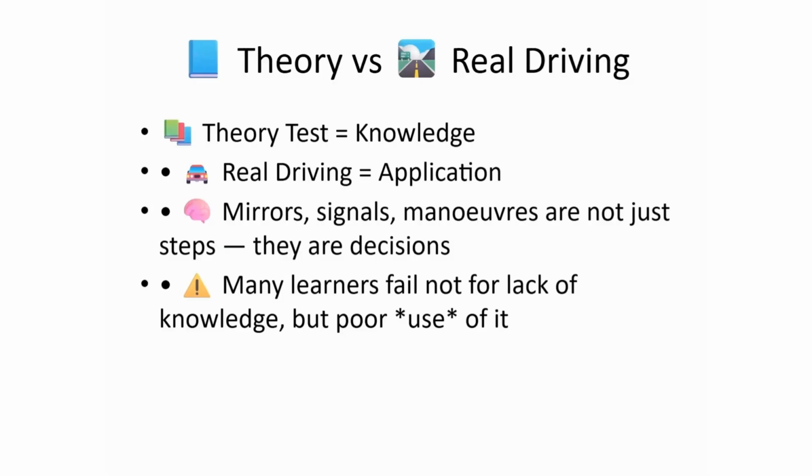Mirror, signal, maneuver is not just decisions, and it cannot effectively follow if you haven't identified what you're dealing with. Open roundabout, spiral roundabout, all these other things are dependent on you knowing what you're dealing with. If you haven't identified it correctly, you haven't categorized it correctly, you won't be able to deal with it correctly, and you can end up with an observation fault.